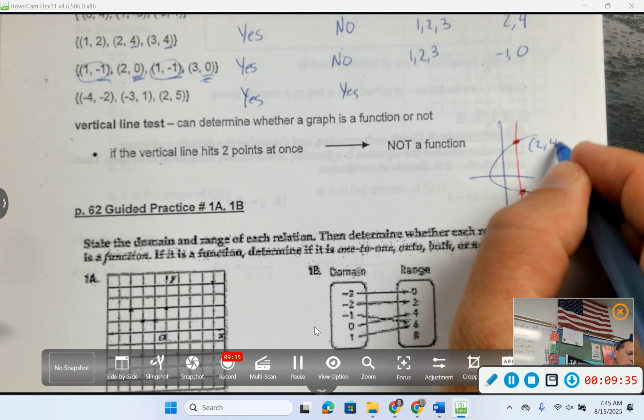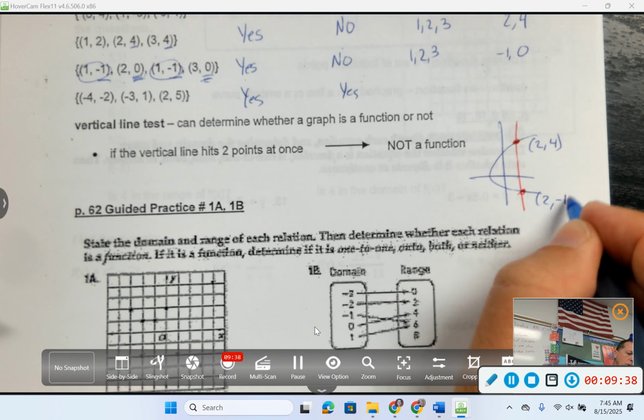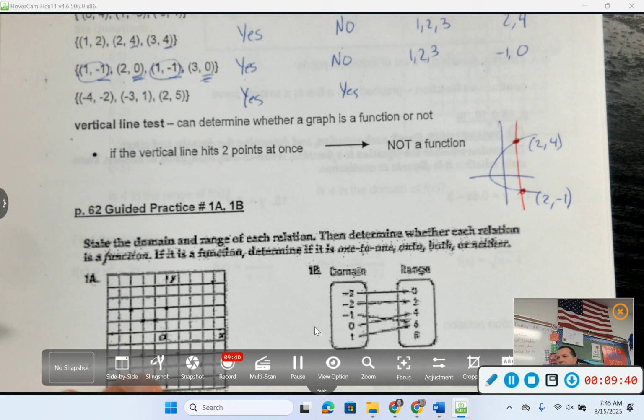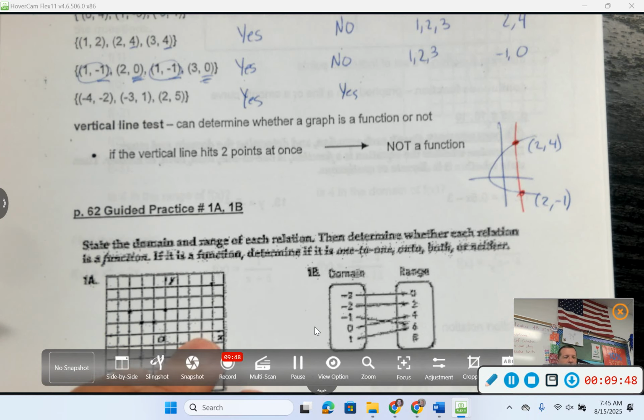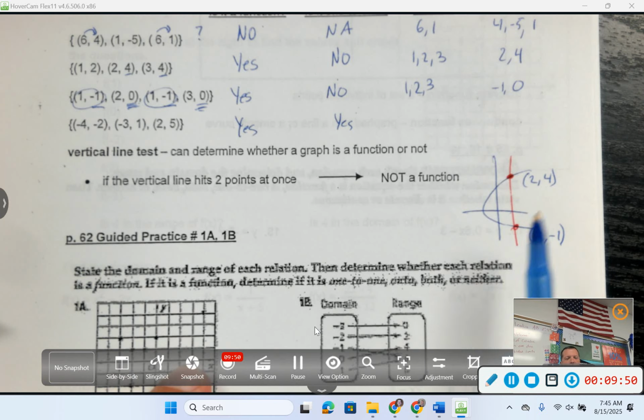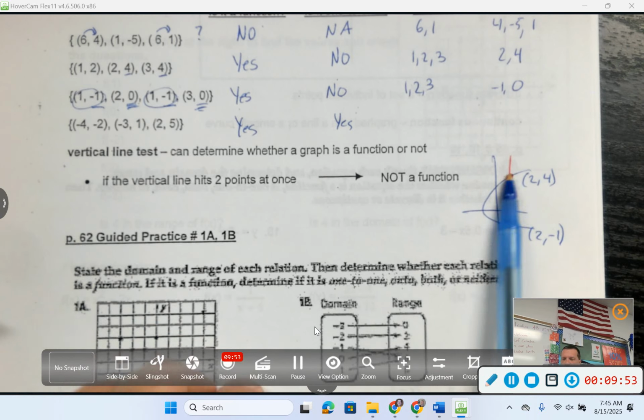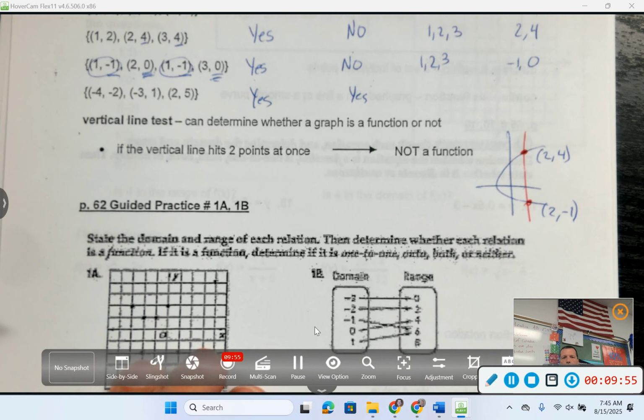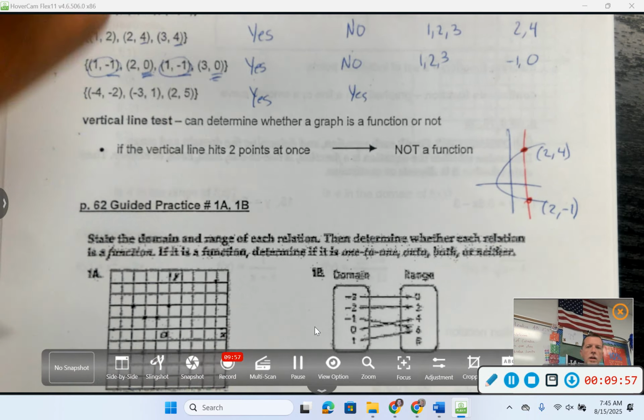Maybe that's 2, 4, and maybe that's 2, -1. So you don't know what you're getting. You push the 2 button, and you're getting a 4 and a -1. That doesn't work. So I think everyone knows the vertical line test. They just don't always understand the connection between the vertical line test and the input-output thing.